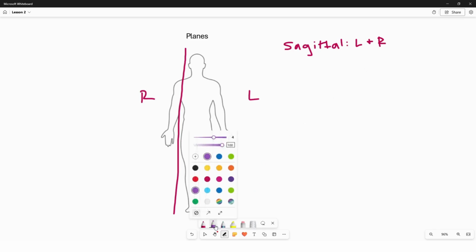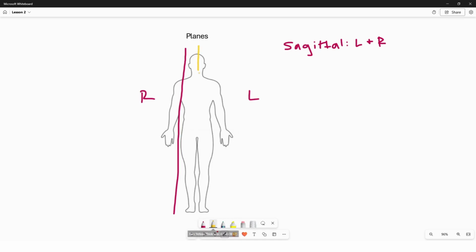But there is a special type of sagittal line called the mid-sagittal plane. And the mid-sagittal plane divides the body evenly into left and right. Just imagine that is even, and mid-sagittal is even, okay?